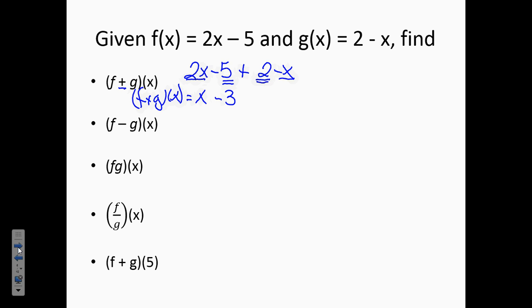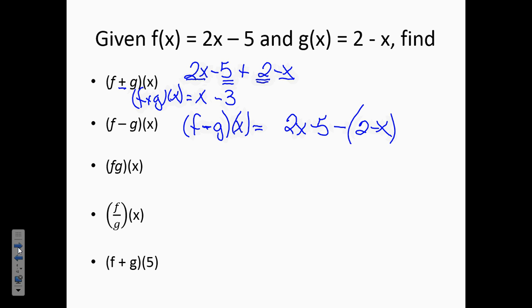What do I do if I want f minus g of x? It says to take f and subtract off g. So 2x minus 5, I'm going to take away all of g.